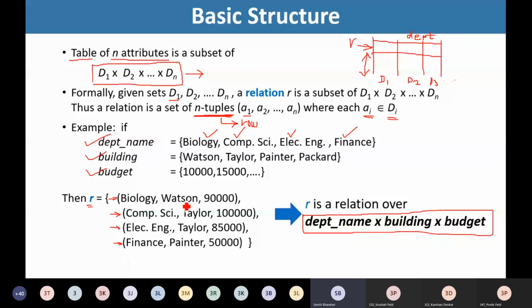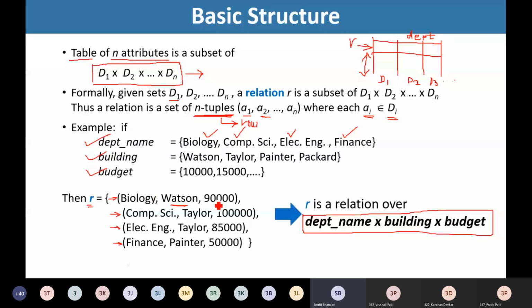Okay, this Watson, that is my attribute number 2 or the value for second attribute Watson. So Watson belongs to domain number 2. So what is domain number 2 here? Building. So Watson belongs to this domain building. 90,000 belongs to this domain budget.